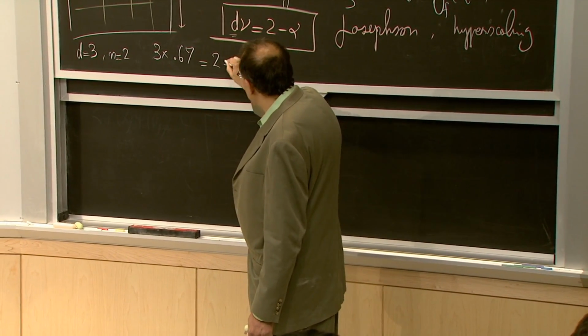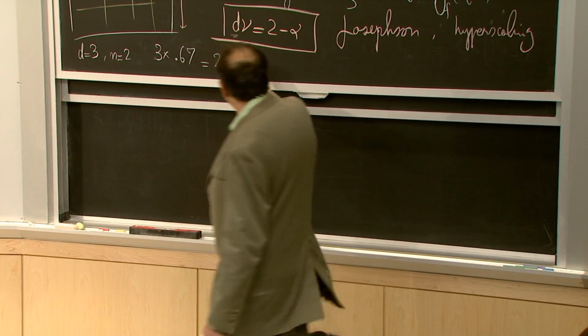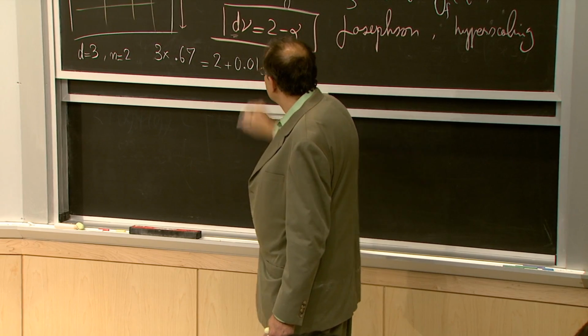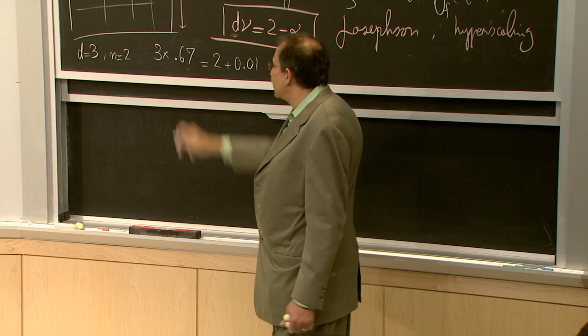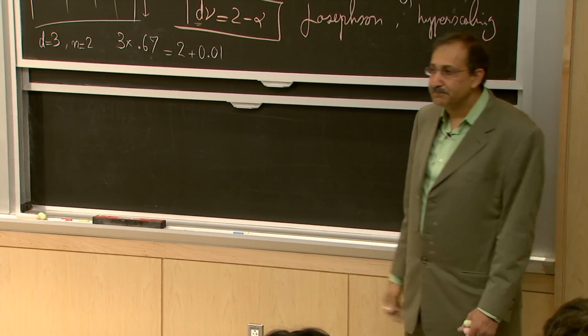So it is, what do I have? 0.01. Okay, and what do we have? 3 times 0.67 is 2.01.